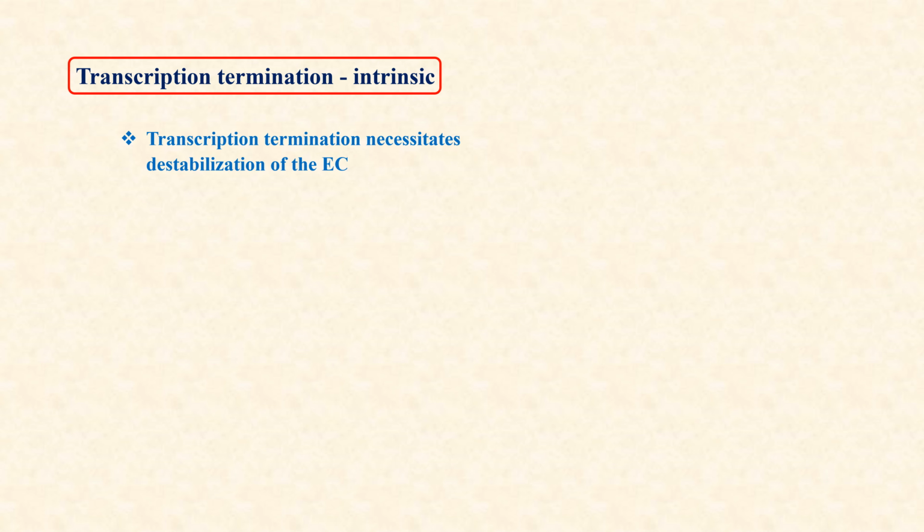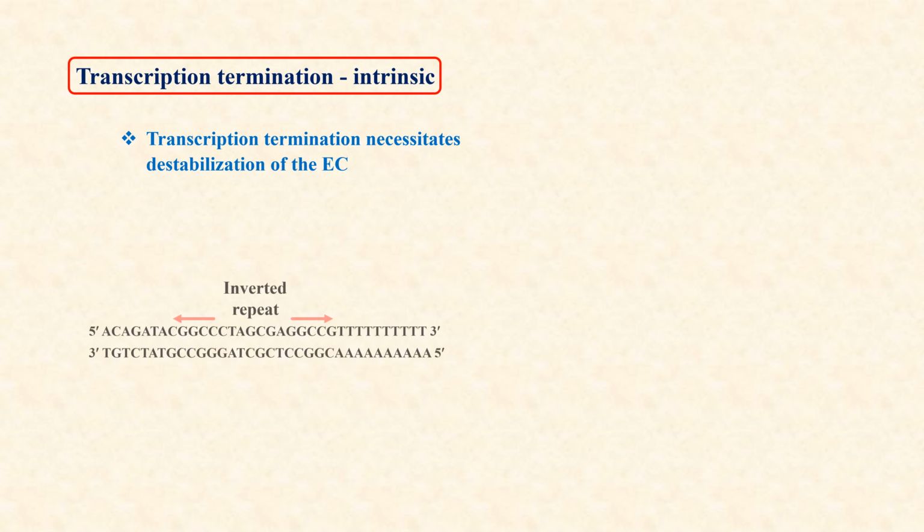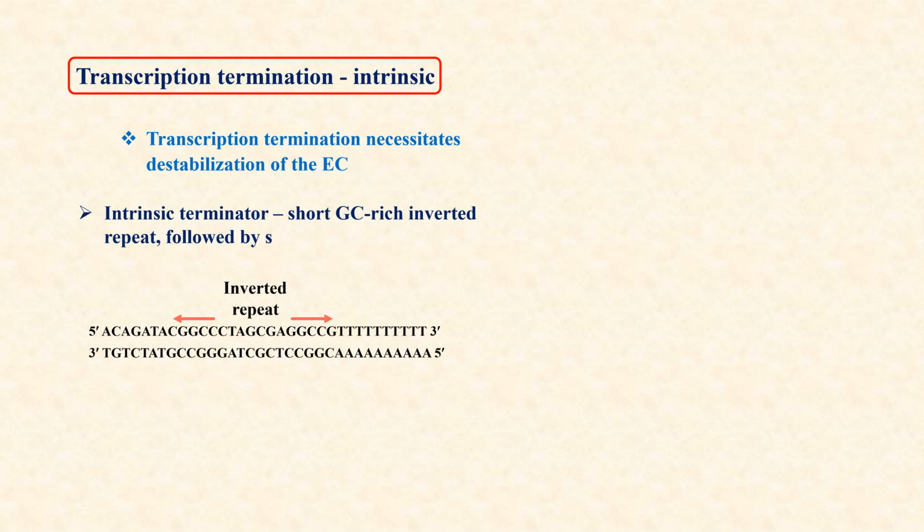They are intrinsic and factor or Rho dependent. The canonical intrinsic terminator comprises two sequence elements: a short GC-rich inverted repeat of approximately 20 base pairs, immediately followed by a stretch of 7 to 8 A base pairs.